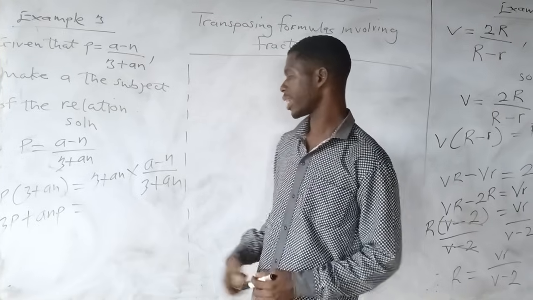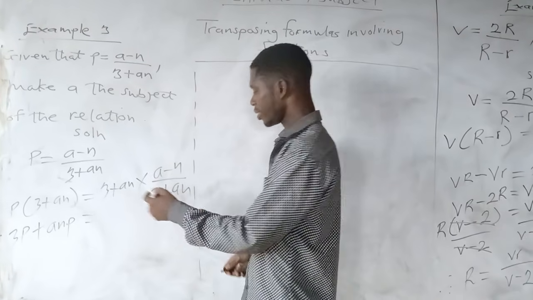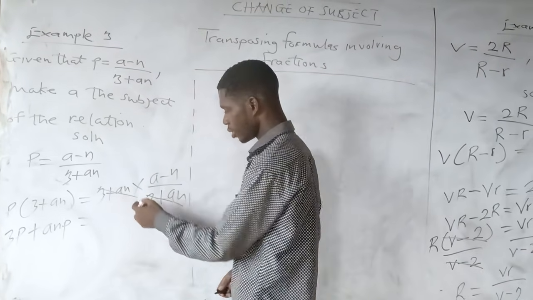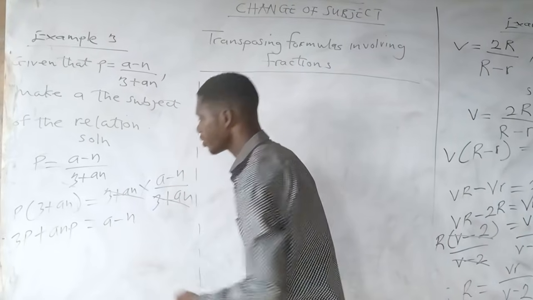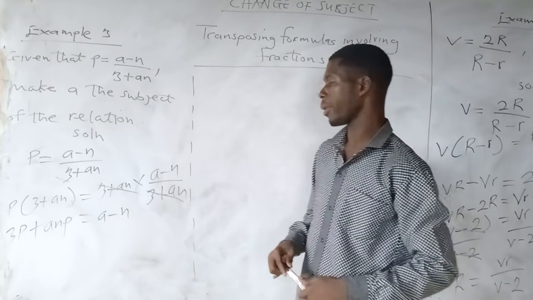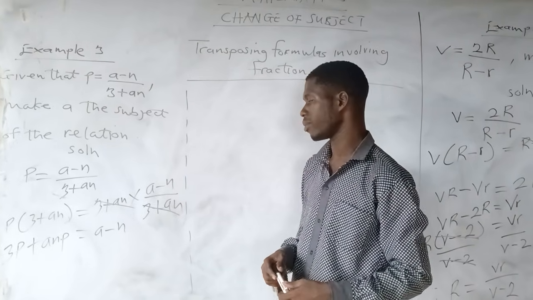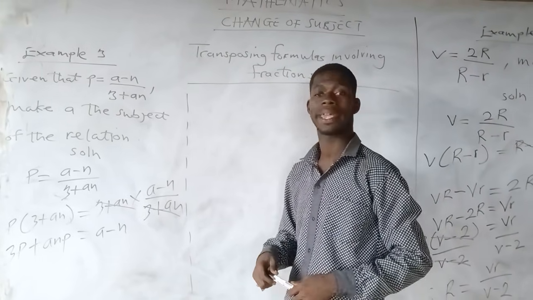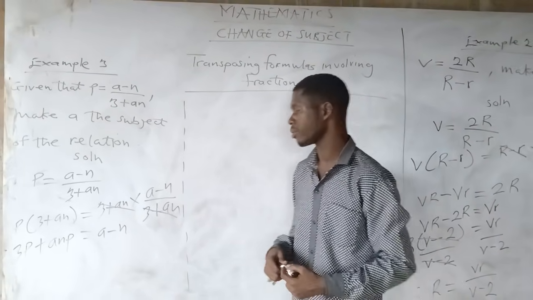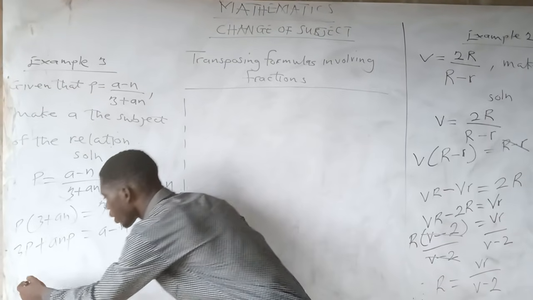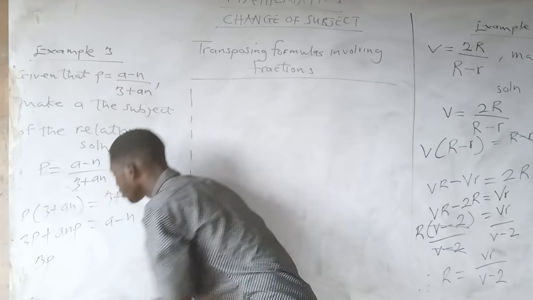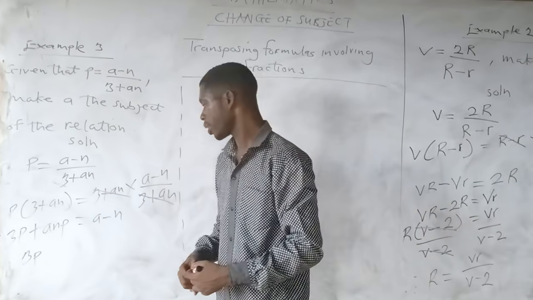Then, when you come here, this one will cancel with this one, so it will leave A minus N. And we are making A the subject. So now 3P is here.